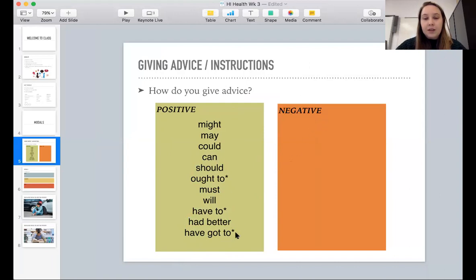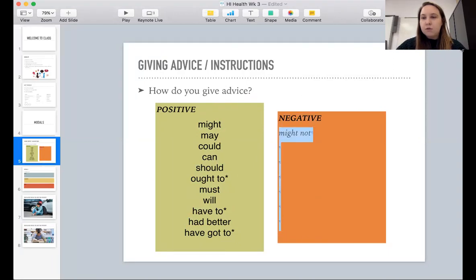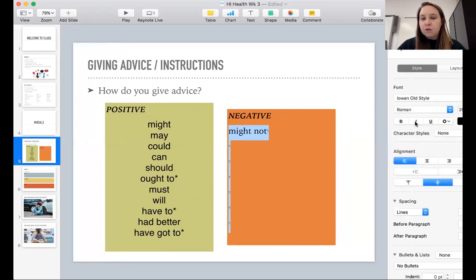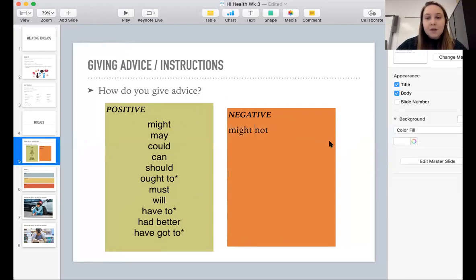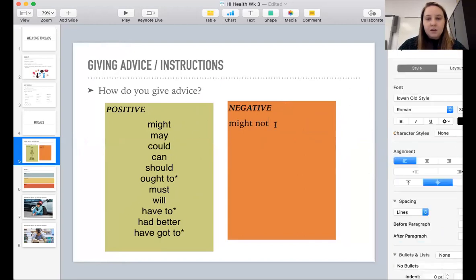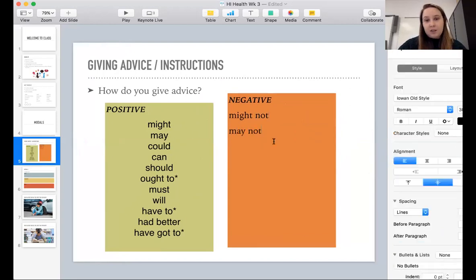So here, the negative form would be might not. Let me make that easier to see. All right, so the negative form, might not. The negative form of may, may not.